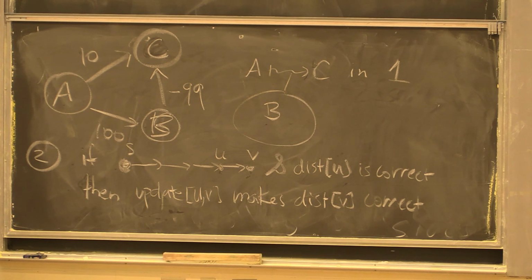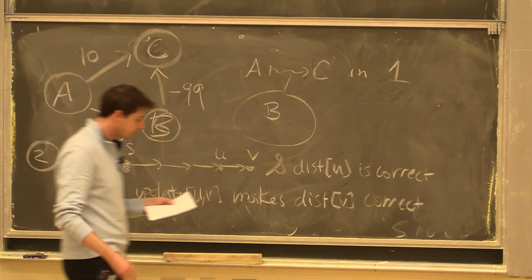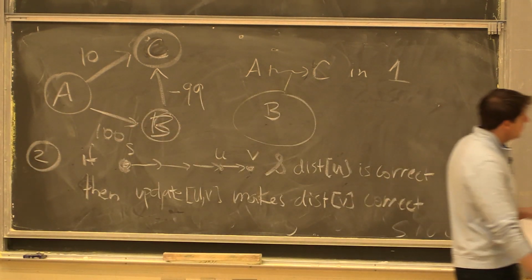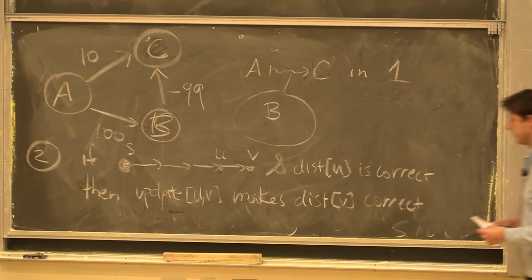But this elaborate condition, on the one hand, seems a bit hopeless, because how do I know what the shortest paths are, and how do I know that I will ever find myself in that place? Well, that condition immediately gives a next step, an interesting next idea, which is as follows. So I need to keep track of time.